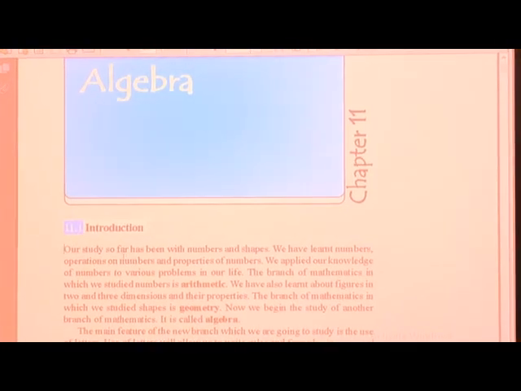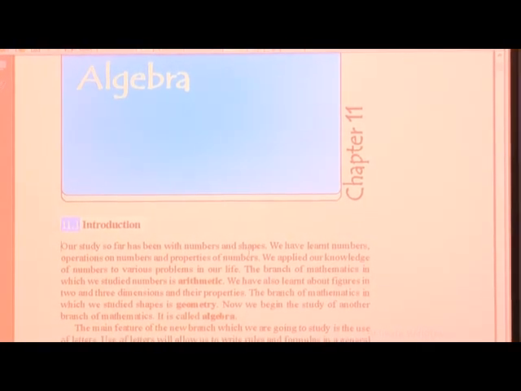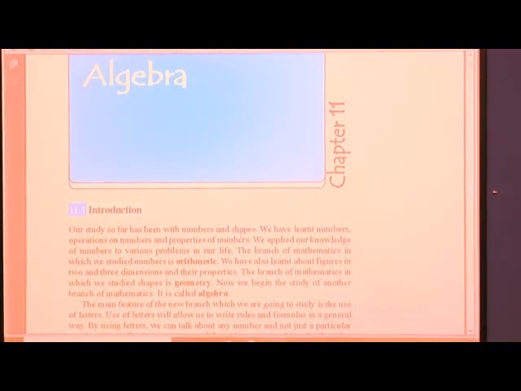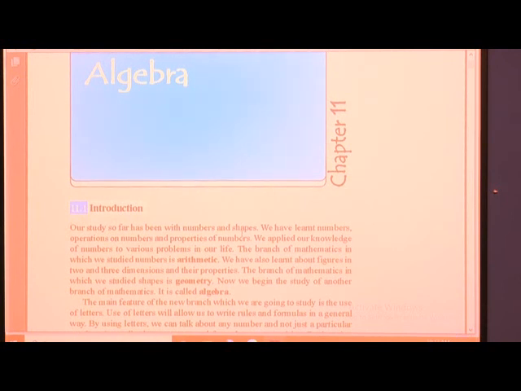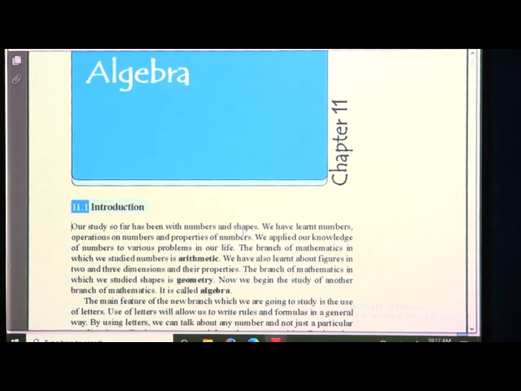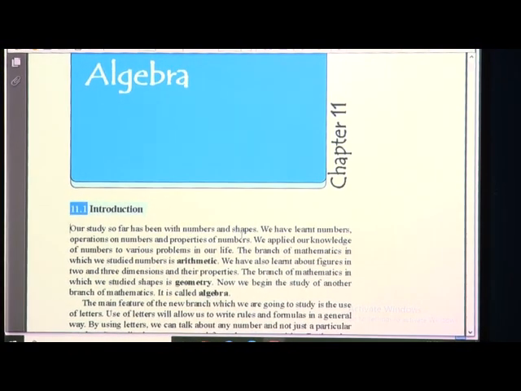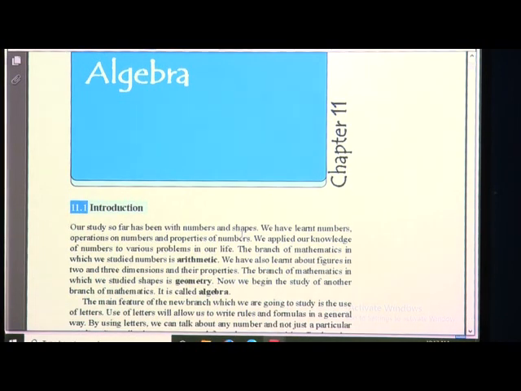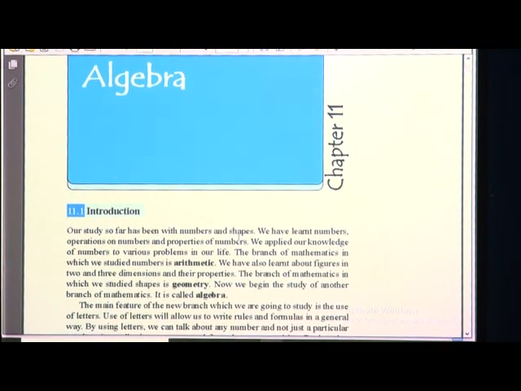Our study so far has been with numbers and shapes. Till now we have learnt more about numbers. It means we have learnt about whole numbers, integers, positive numbers, negative numbers, natural numbers, and we have also studied different elementary shapes.